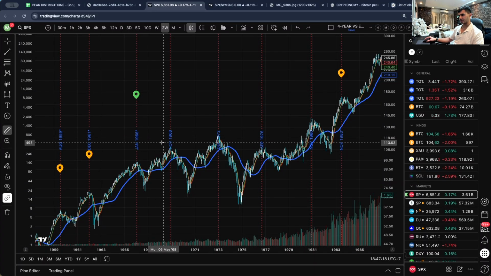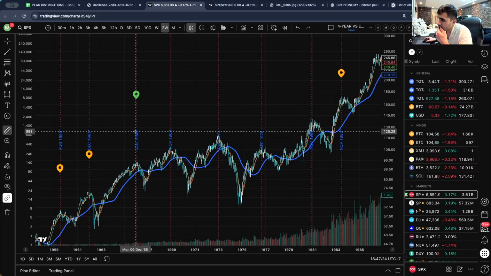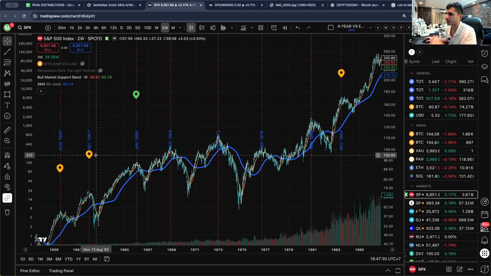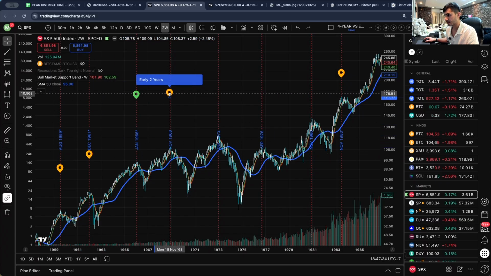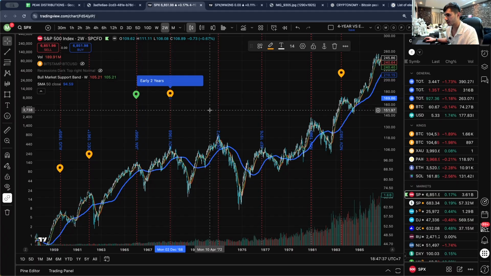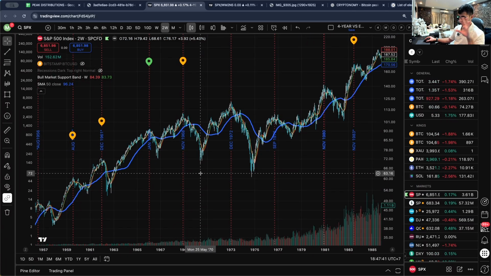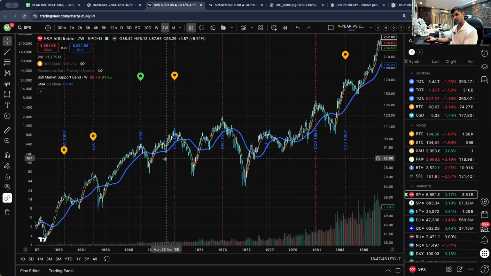This one was a little bit longer, but between 1966 and 1968, that ended early, actually. All right, so that was early, 2 years as well. Right here. So we do have sometimes early cycles. They're more common than late. Previously, before the 1980s, 1990s, we did have a lot of early cycles.